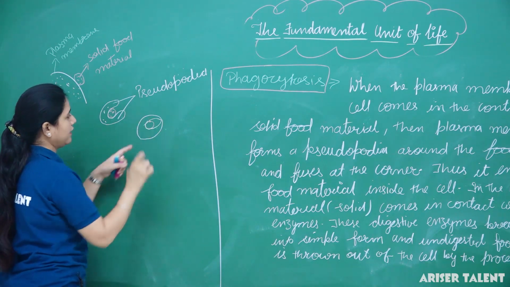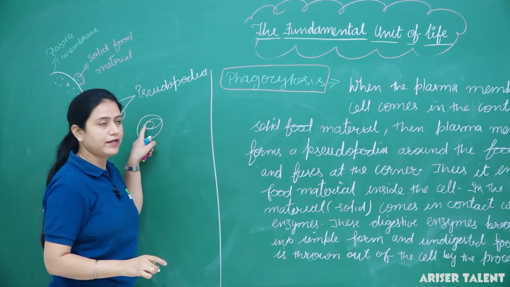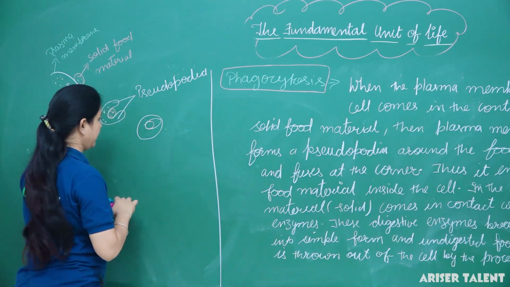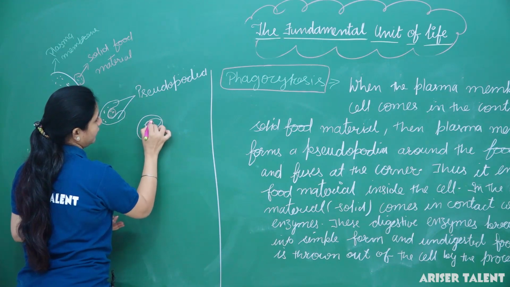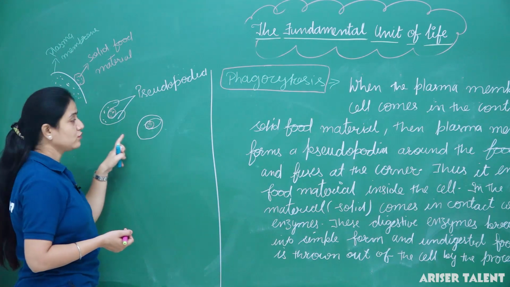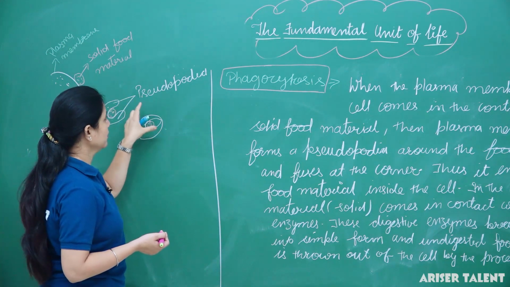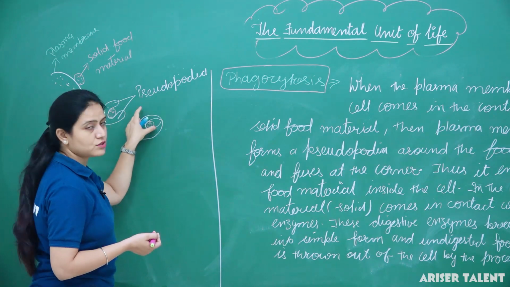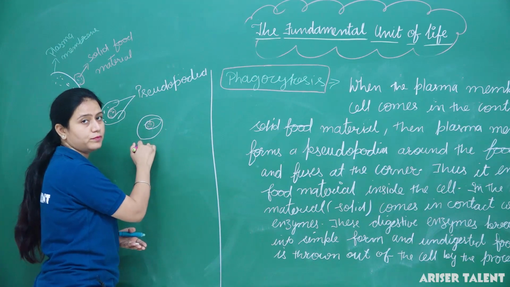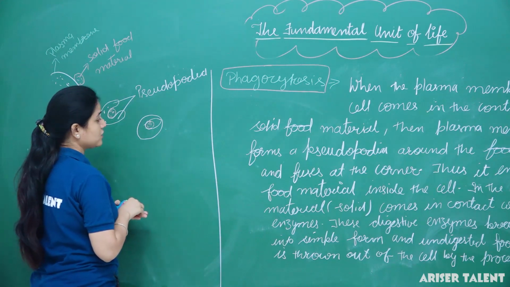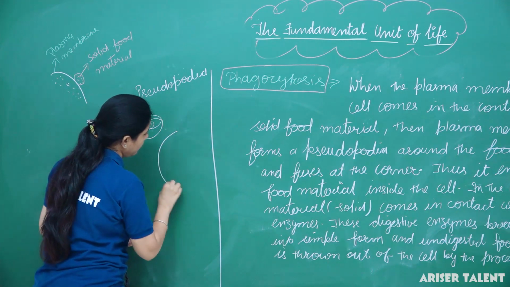Thus we can see that the cell has already engulfed the food inside it. Clear? So this is the process of phagocytosis, in which the cell forms pseudopodia around the food particle. Now it has already taken the food particle inside the cell. Now the rest of the process will be the same.